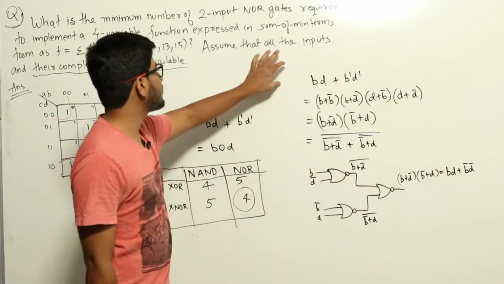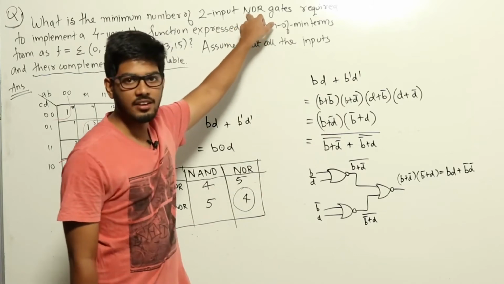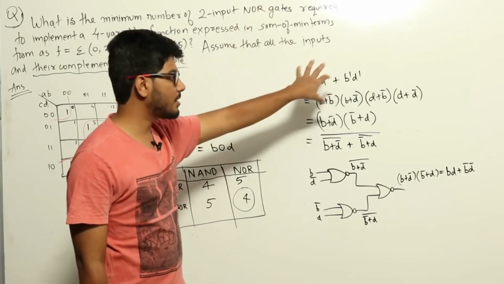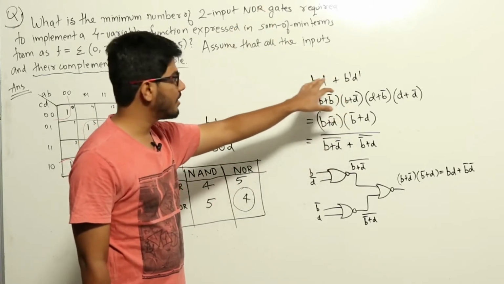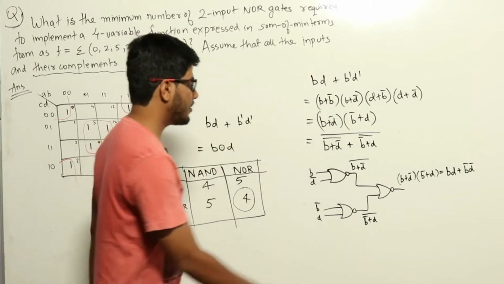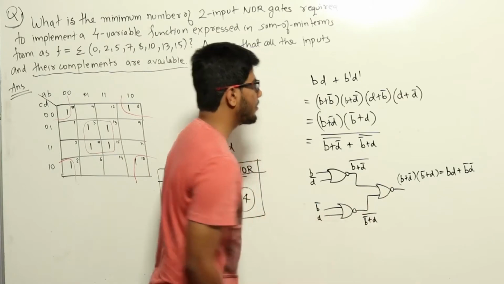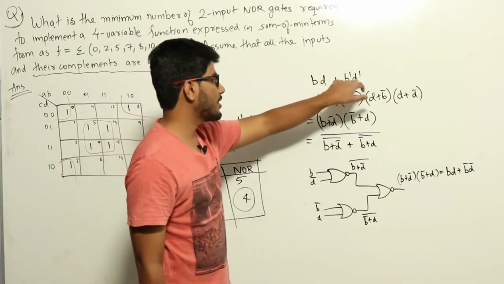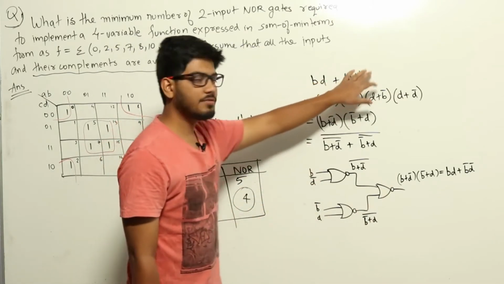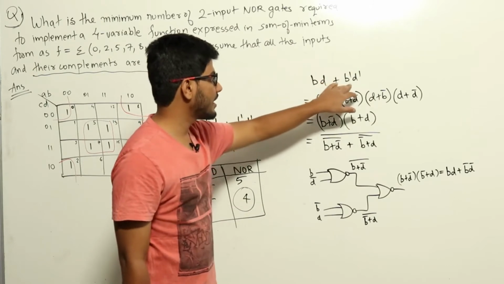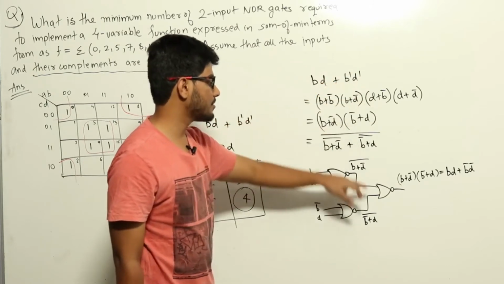Now we know we have to implement it using NOR gates. So at the end it should be some function plus some function, the whole complement, because the final gate will be a NOR gate. So in this form directly we can't get that particular form using NOR gates.